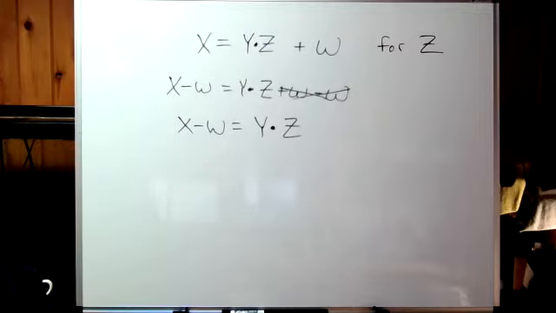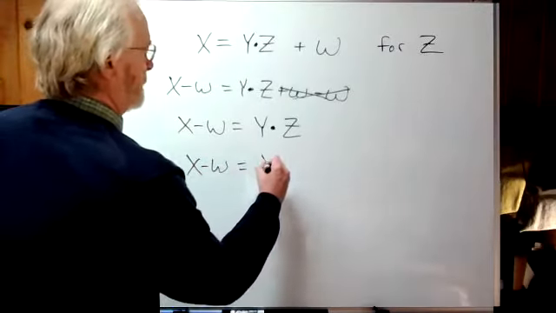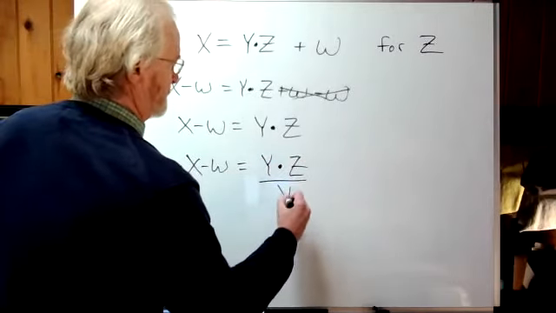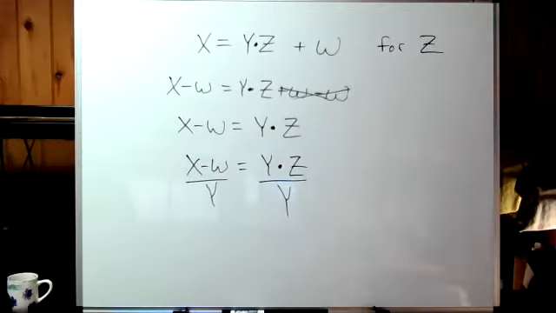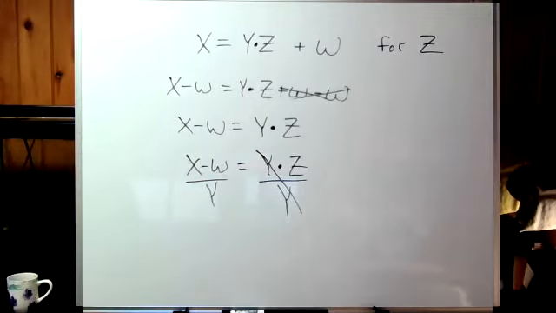Now there's a couple of ways you can write this. If I divide by the y on both sides, I could write it like a fraction over here. That's probably the easiest way to do that.